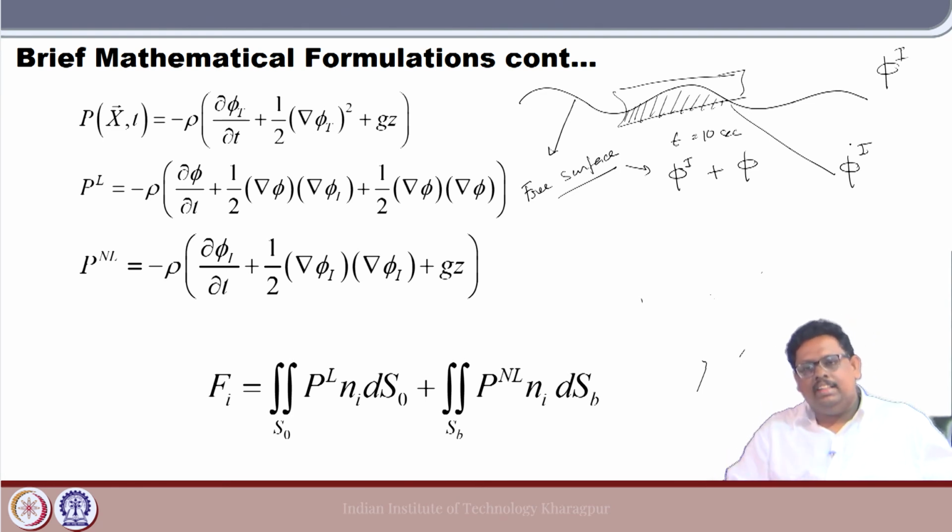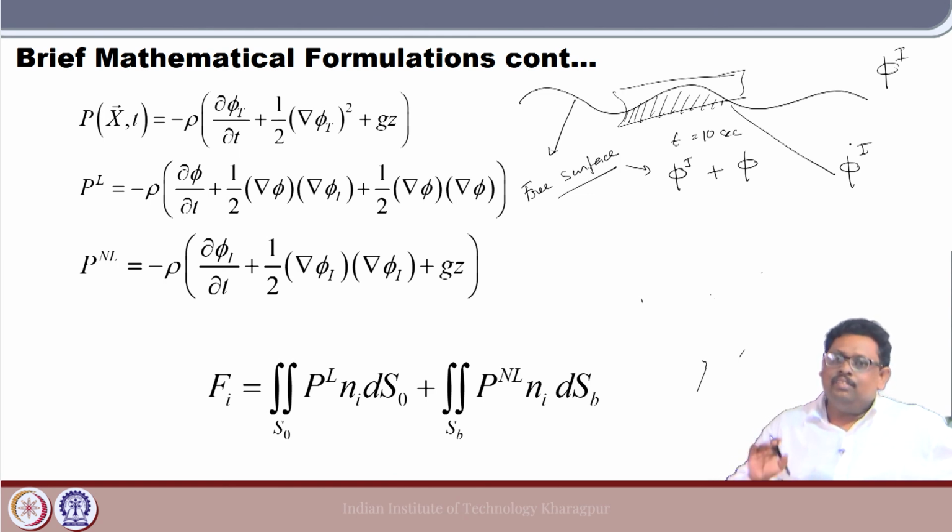So that free surface is now a complicated free surface, but we are not going into it. I am taking it on the exact incident free surface, because it is easy to find out.